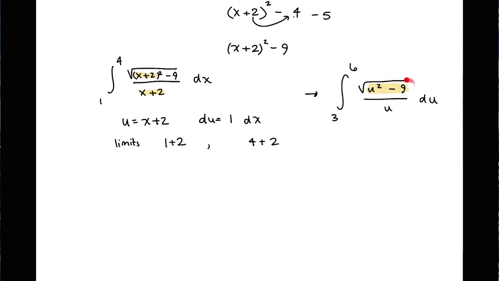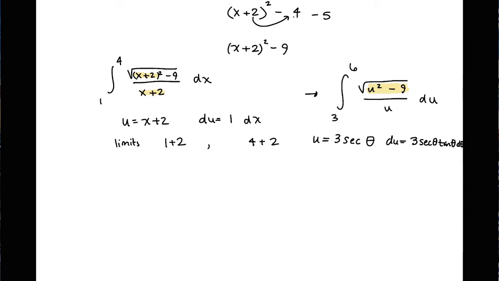That identity, the right-hand side, looks a lot more like this. Okay, so I'm going to let my u equal 3 secant theta, because I'm trying to just get that clean tangent squared and then square root the tangent squared. It's kind of what my strategy is here. So my du would then be 3 times the derivative of secant, which is secant tangent, pardon. Okay, don't forget the d theta.